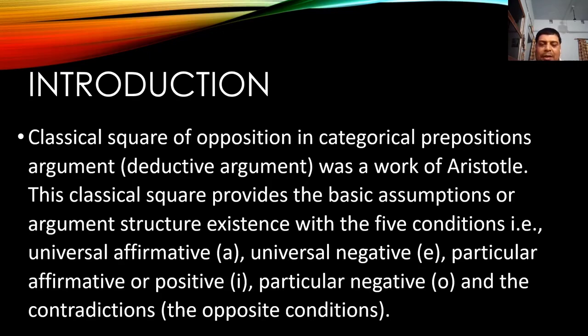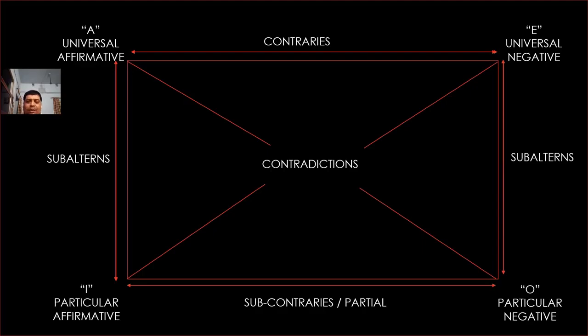Now the next part is the figure. This is the figure of the classical square of opposition.